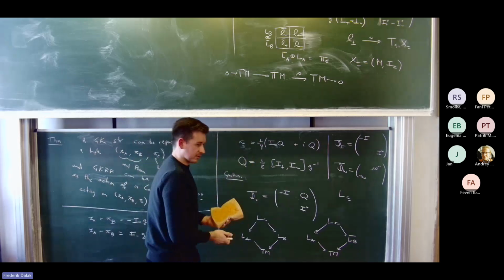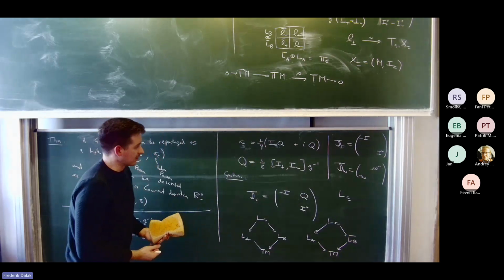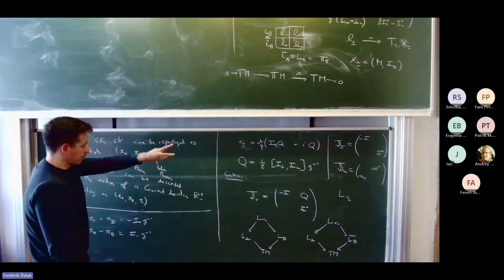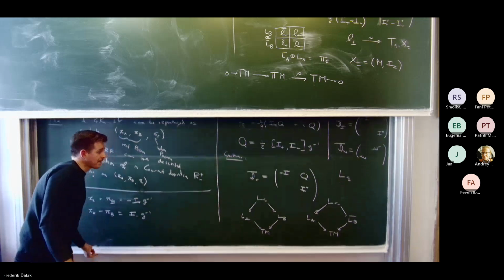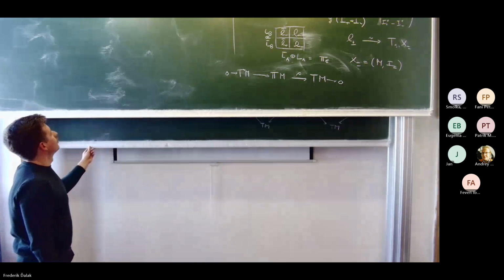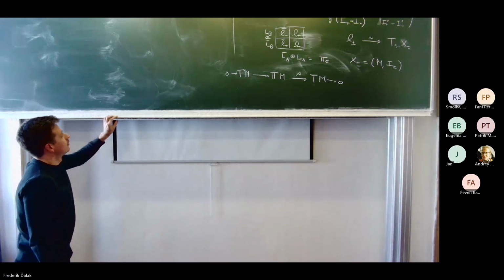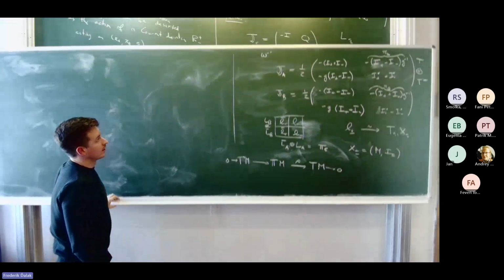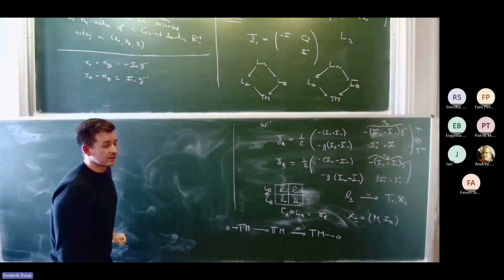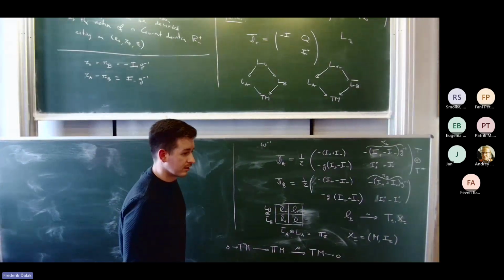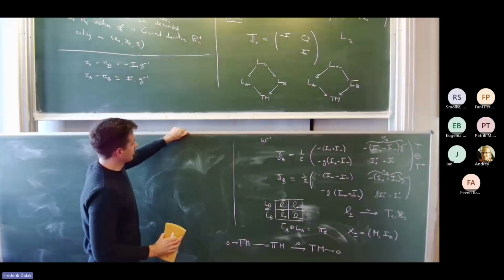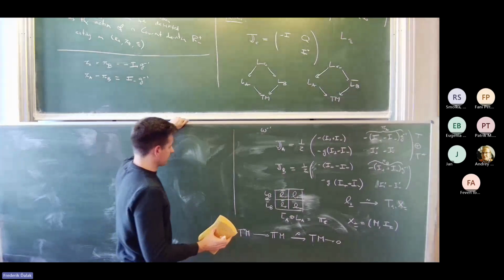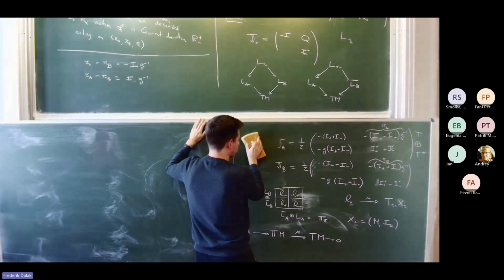And this is how you recover generalized Kähler from here, in particular by combining these two. JA, JB then defines a generalized metric, right? That's right. The composition of JA, JB is what's called a generalized metric.